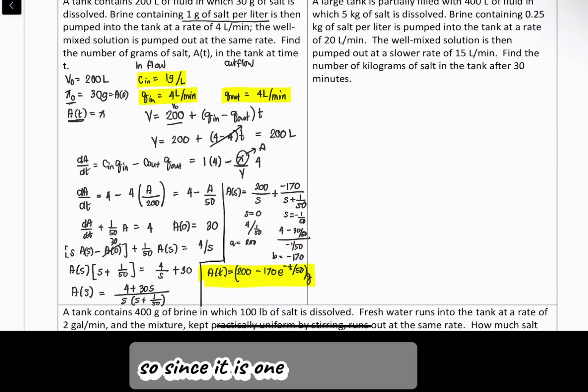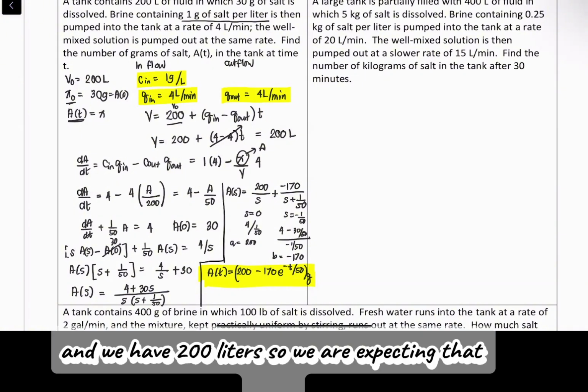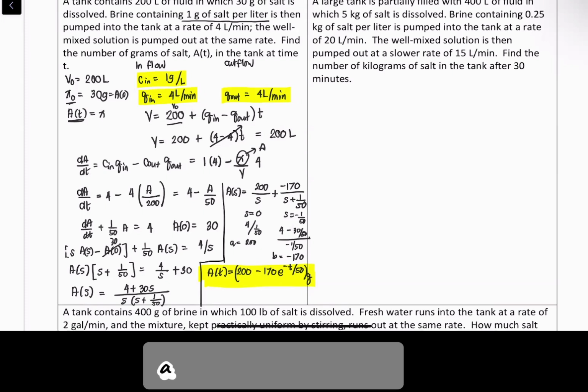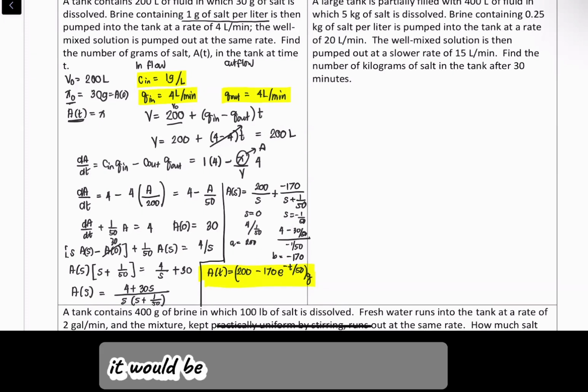So since it is 1 gram per liter and we have 200 liters, we are expecting that after a sufficient amount of time, it would be equal to 200 grams as well.